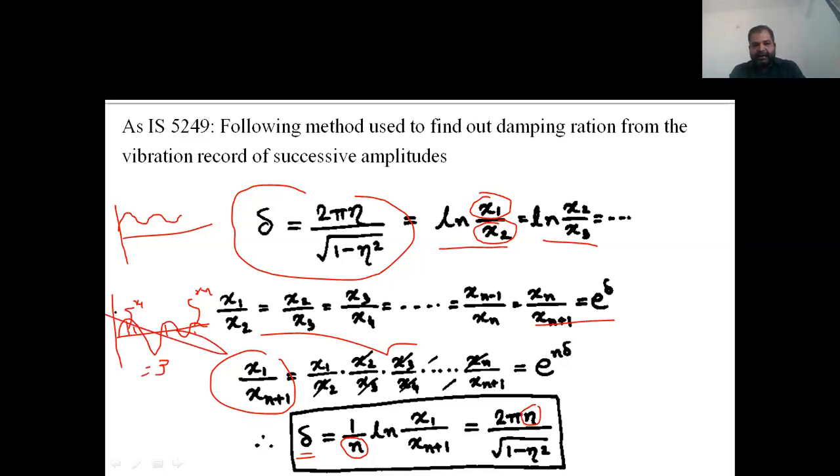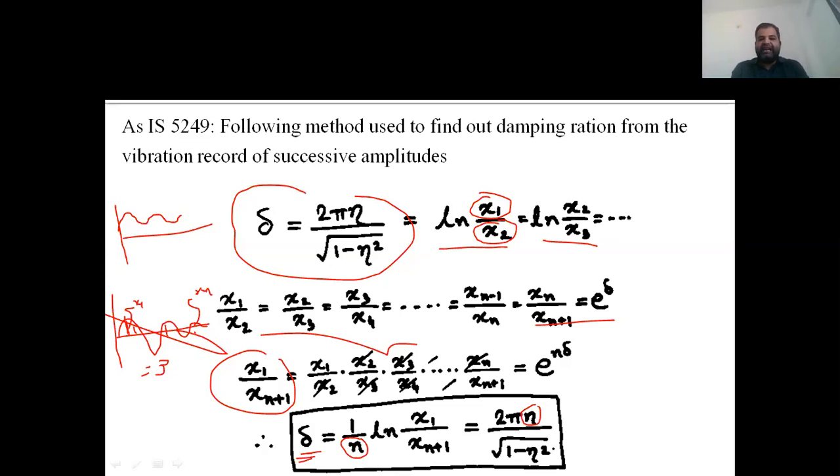If I put these amplitude values in this formula, then I can easily calculate the value of delta. And that is the purpose of this equation. So this way you can find out the value of eta, the damping ratio, physically in the laboratory by means of an experiment, by means of the oscillograph, what you are getting on the oscillometer, right?